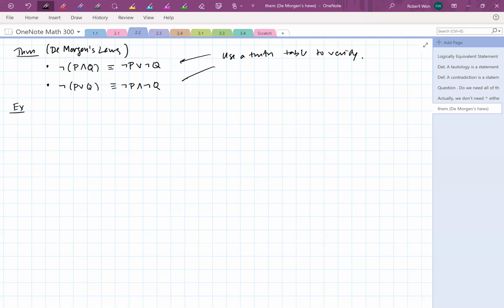So I said you can intuitively understand this. Let's think in terms of really concrete things. I want you to negate the following statements and think about what you mean when you're negating them. Let's say I have the statement, "It is raining and I live in Seattle," and the statement, "Tomorrow is Thursday or Friday."